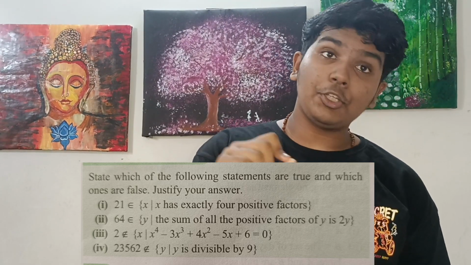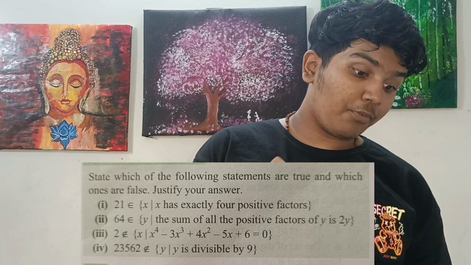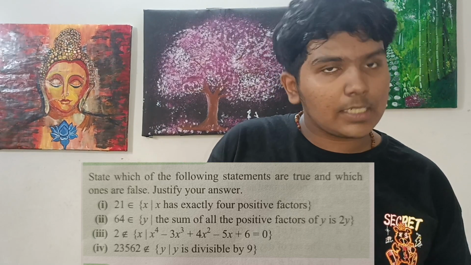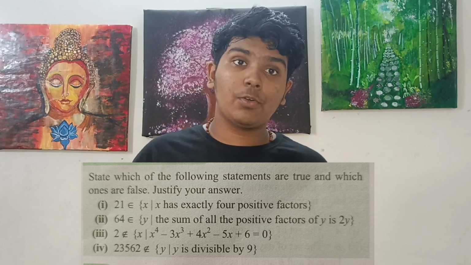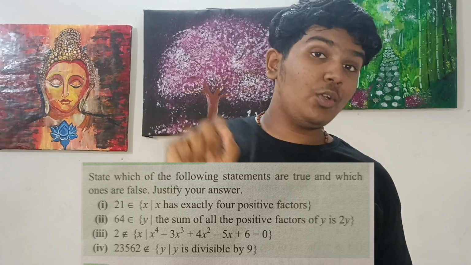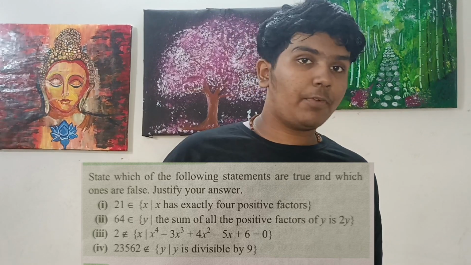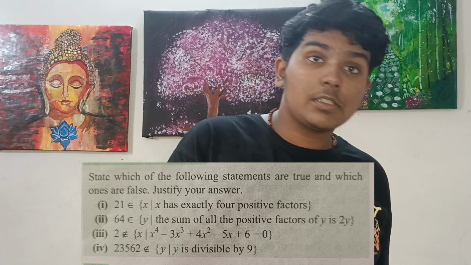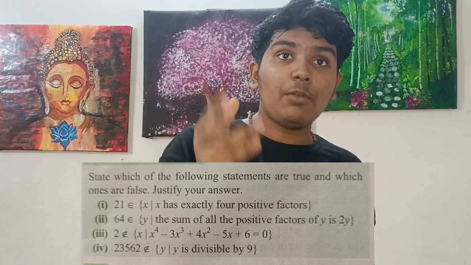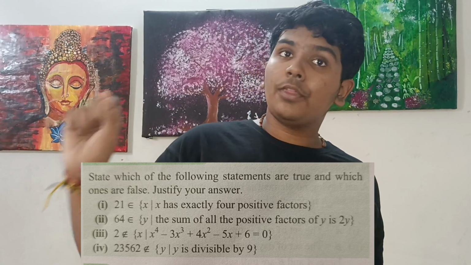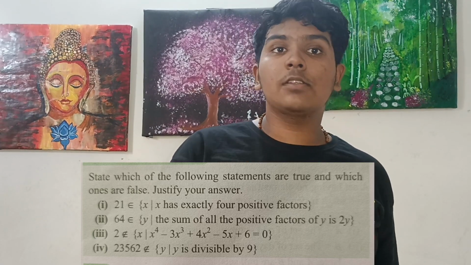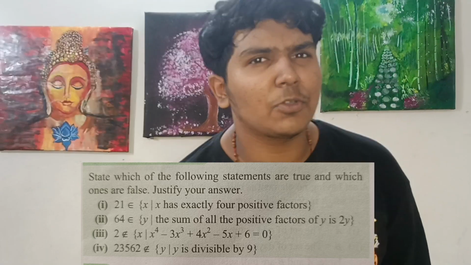Read the question again and you will find that y given here is 64, and the sum of those factors must be equal to 2y. So 2 into 64, what is it? 128, right? So that 128 must be equal to the sum of those factors. That is the homework for you.